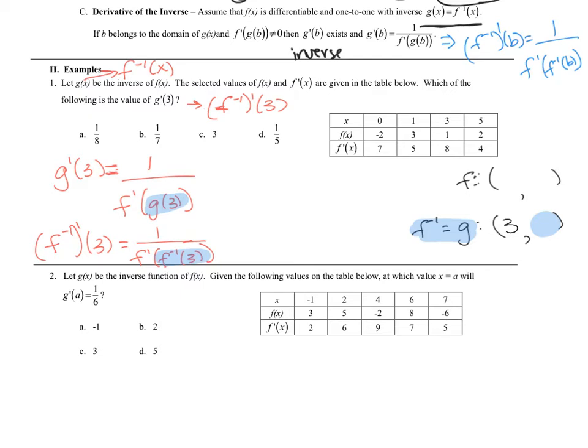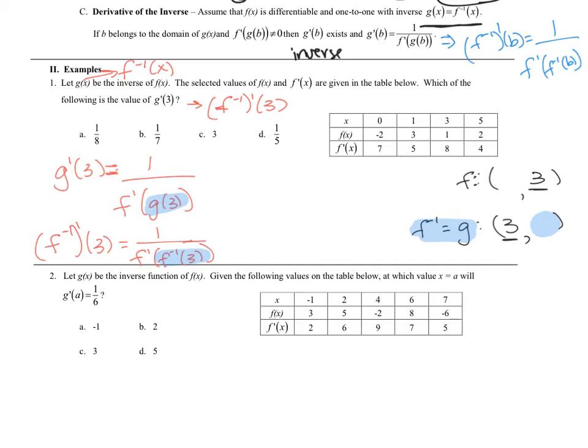The problem is that my table is not written in terms of f inverse or in terms of g's. But I do know that inverse functions flip their ordered pairs. And so if 3 is the input for the inverse function, that means that 3 is the output for the original function. Okay, that's one of the properties of inverse functions.